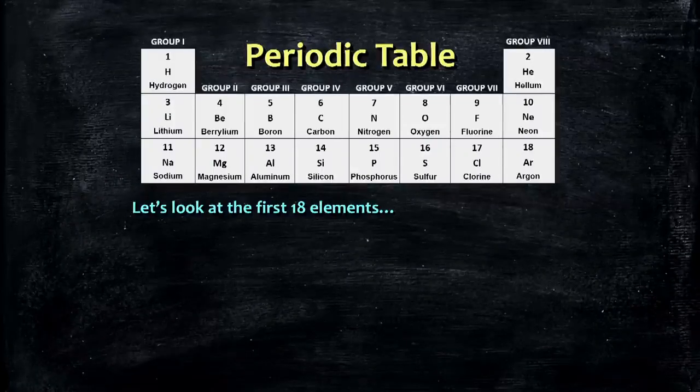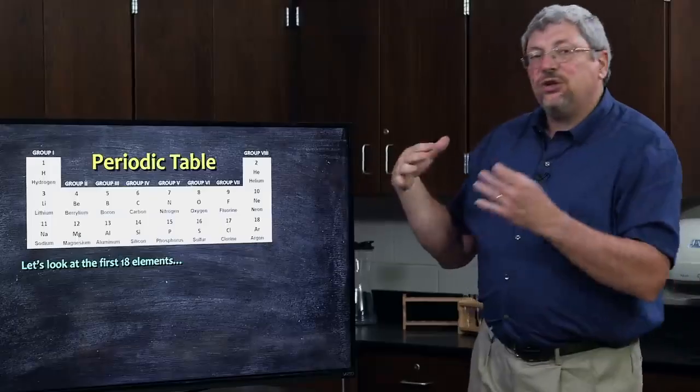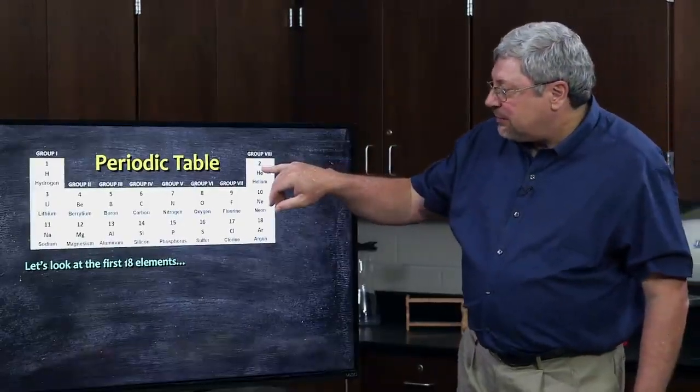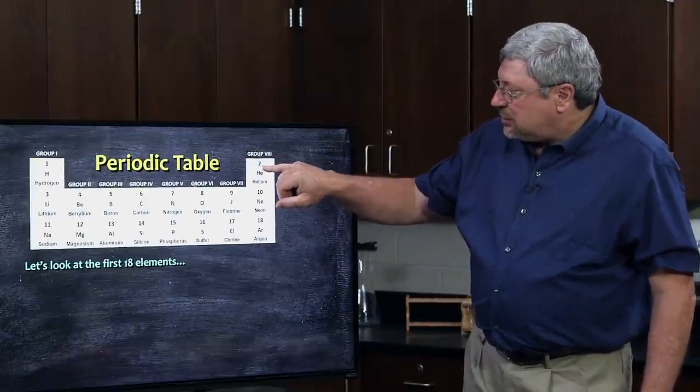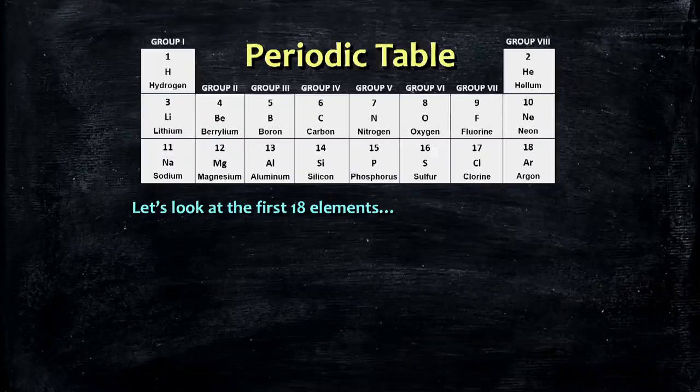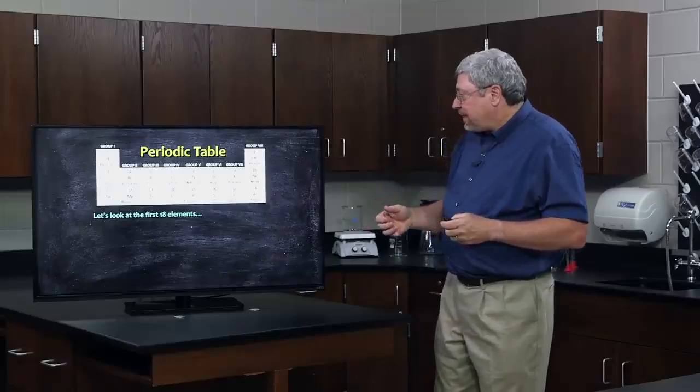Remember, an element includes all the atoms and ions with a particular atomic number. Like 2 would be the atomic number of helium. Helium is an element with particular characteristics that are shared by all atoms and ions of helium.